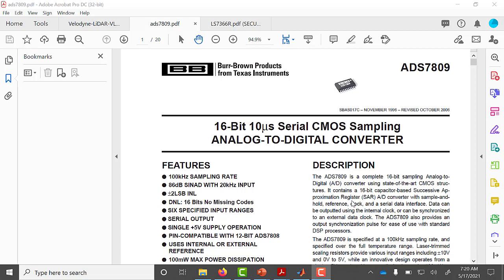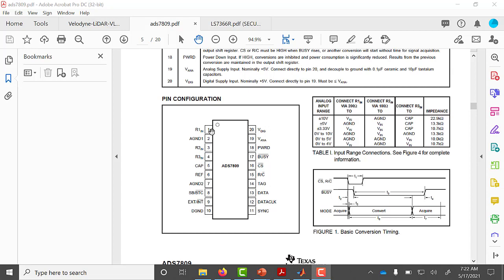Here I'm going to show you a 16-bit analog to digital converter. It's about the size of half of your pinky nail, a very small chip. You could actually hook this up to an Arduino and talk to it. This particular one is unipolar or bipolar. Here's an overhead view of the pinout of the chip, and the Arduino would probably talk to it using some of these pins.